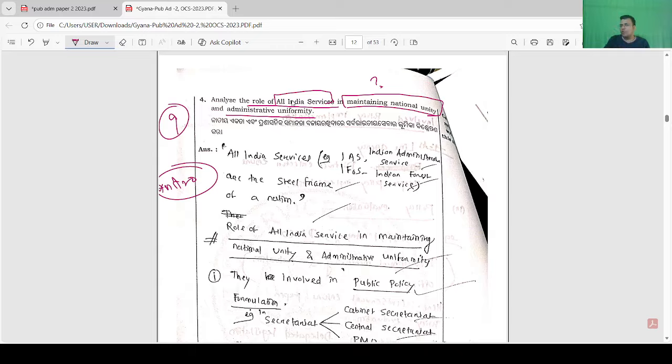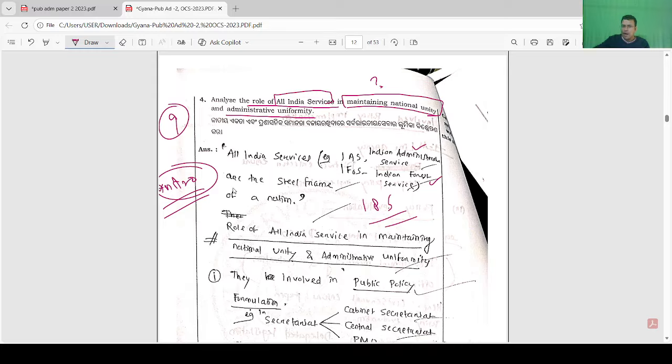That is the definition of All India Service, and in India we have 3 All India Services: Indian Administrative Service, Indian Police Service, and Indian Forest Service, not the foreign service. So the intro could be improved.